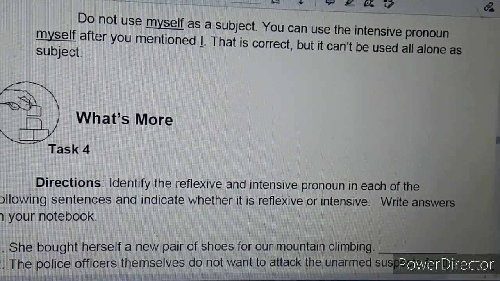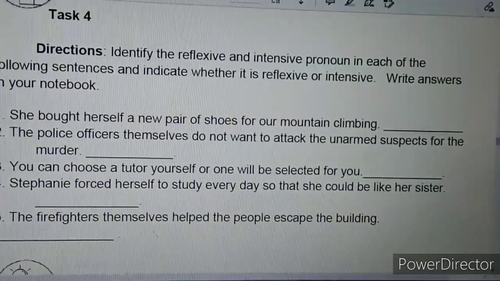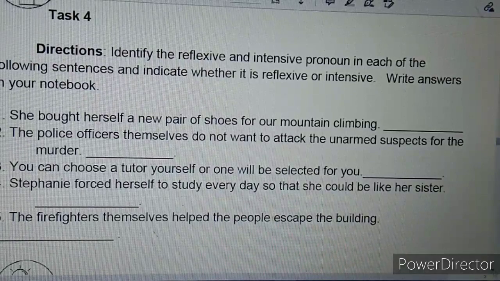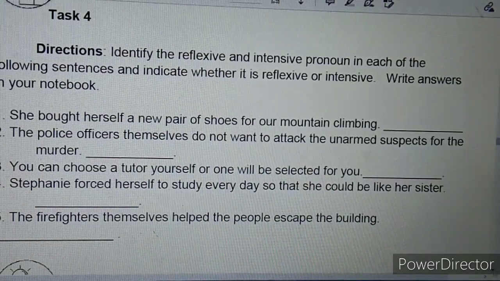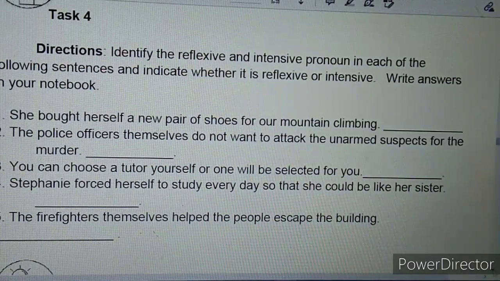After identifying the word, you are going to indicate whether it is reflexive or intensive. Example, if number 1, the correct answer is herself, dash reflexive, or it could also be herself dash intensive.